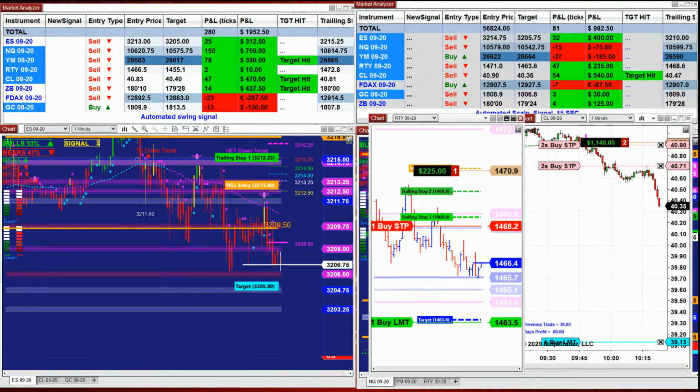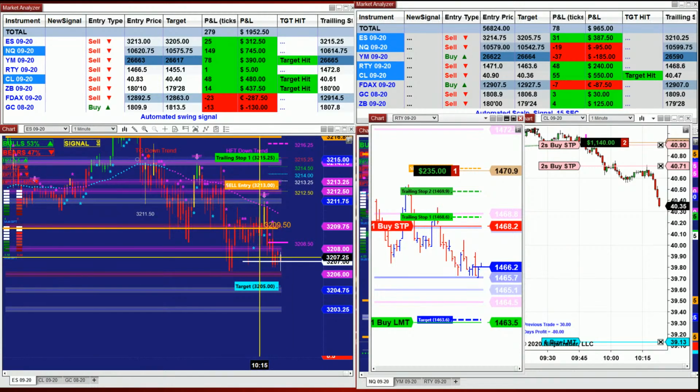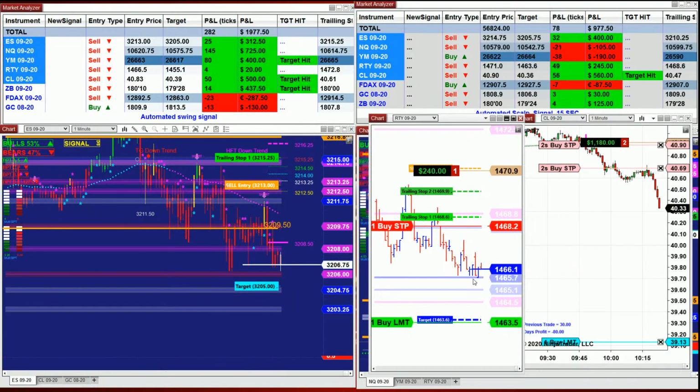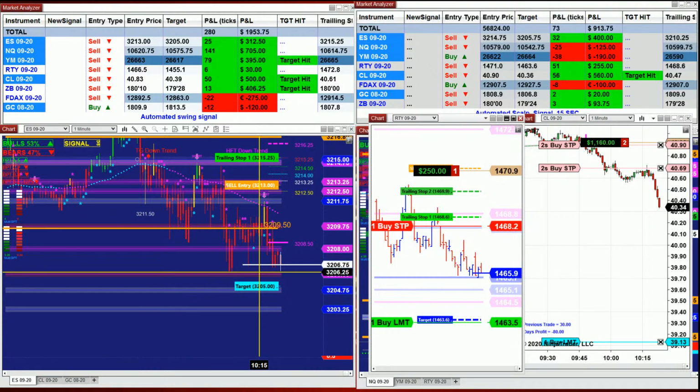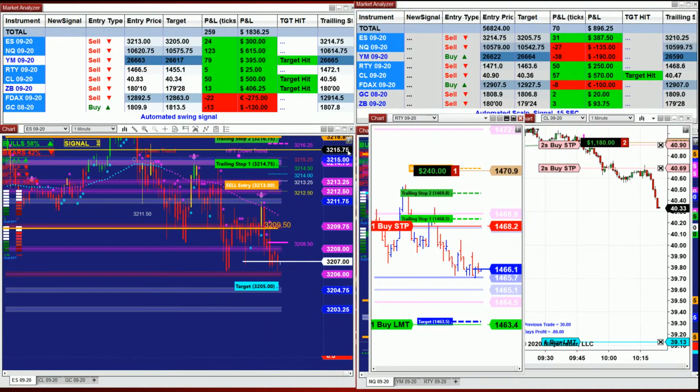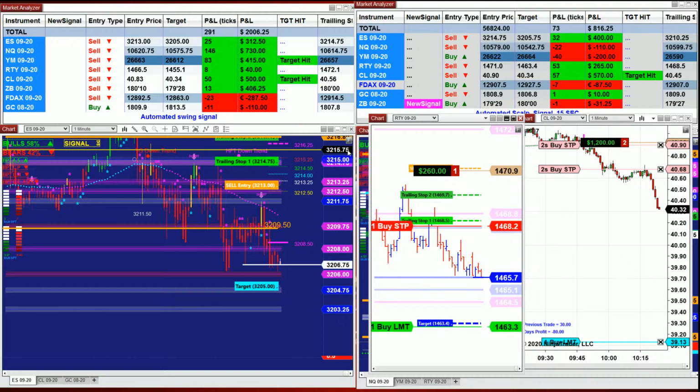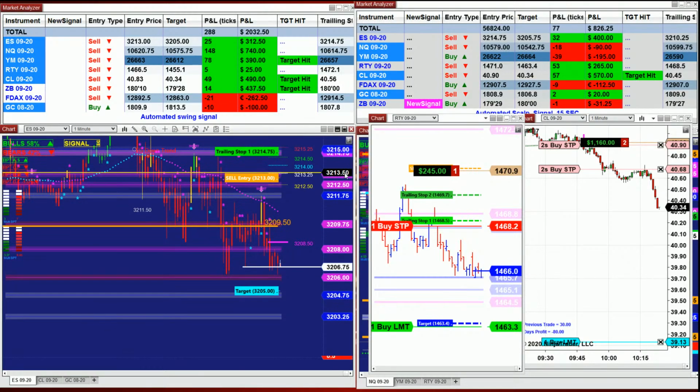Can you see how those two synchronize together? And you can see how the Russell is staying on the support area, waiting on Mr. ES to go down. And this applies on the NASDAQ, everything. And let's see, keep your eye on this.